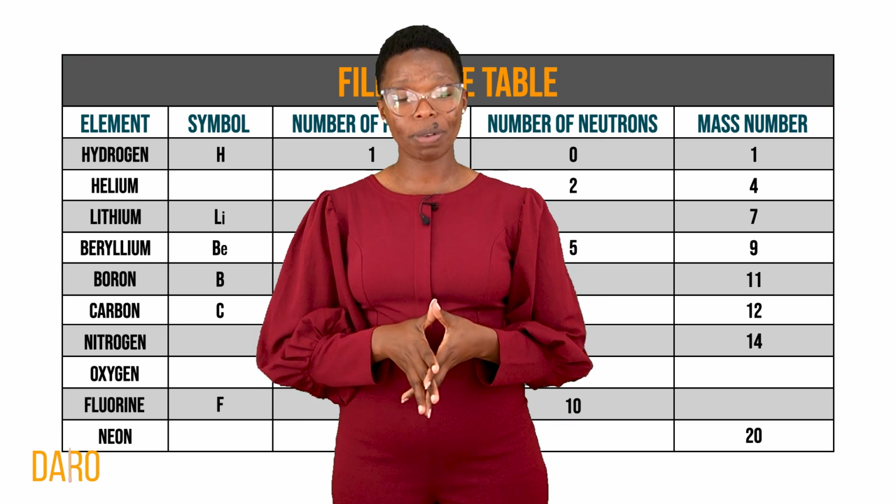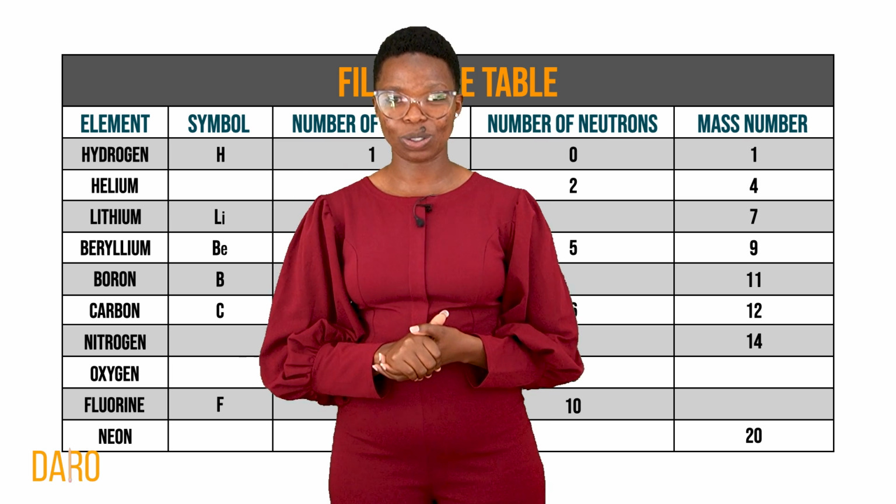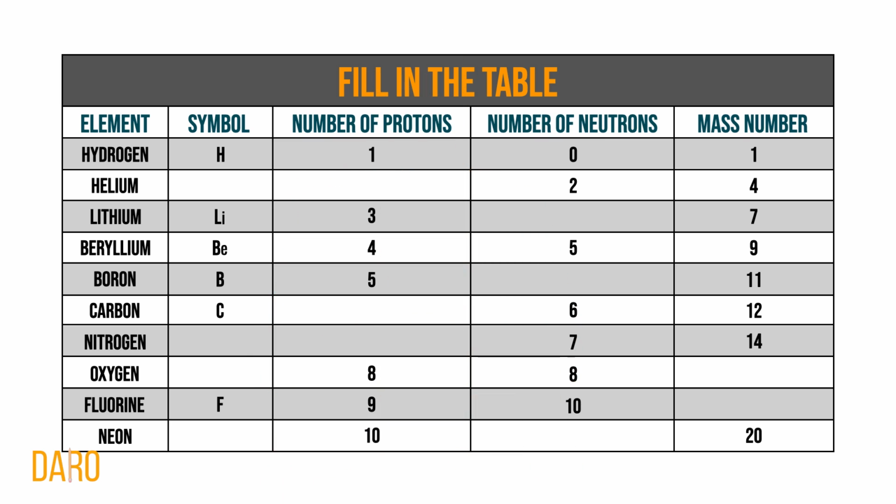Well done on completing the table. I know you did your best. Now let's go through this together. Let's look at the third column, total number of protons. Can you see that it runs from 1 to 10? It is good to know this, since this also makes it easier for us to figure out which number comes next. We have filled in the second column where you can see the symbol for each element.